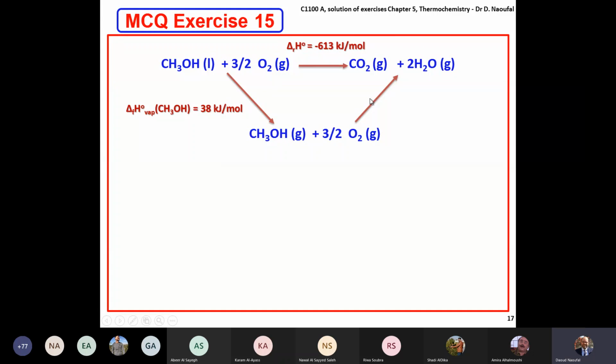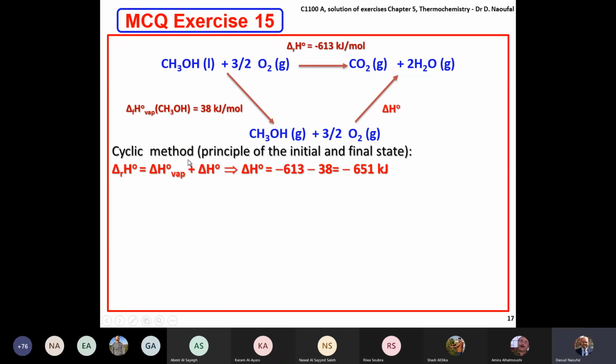Since delta H is a state function that depends only on the initial state and the final state, I will call this delta H0 of the reaction. According to the principle of the initial state and the final state, I can write delta H reaction is equal to delta H vaporization plus this delta H0.